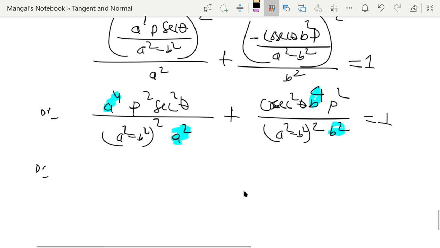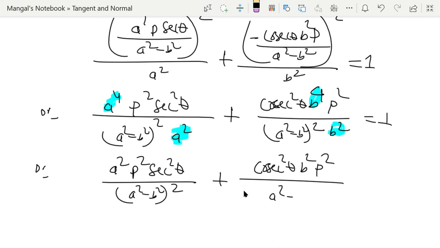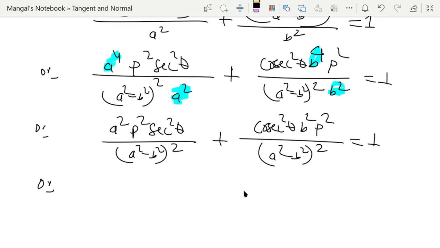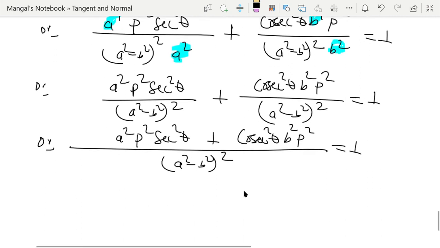Okay, so a square p square sec square theta remains in the numerator, and down there is a square minus b square whole square, and plus cosec square theta b power 4 divided by b square, that is b square into b square divided by a square minus b square whole square and equal to 1. And from here, what do you get next? See, LCM of the denominator is the same, so a square minus b square whole square, and p square times a square sec square theta plus cosec square theta b square and b square, that is equal to 1.